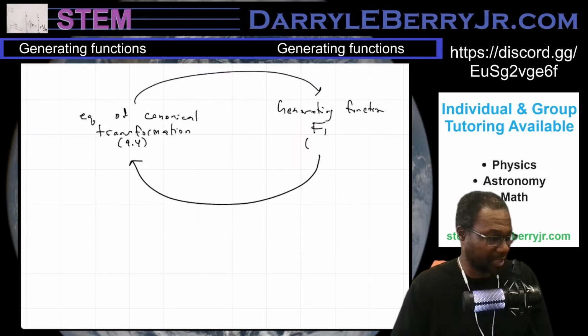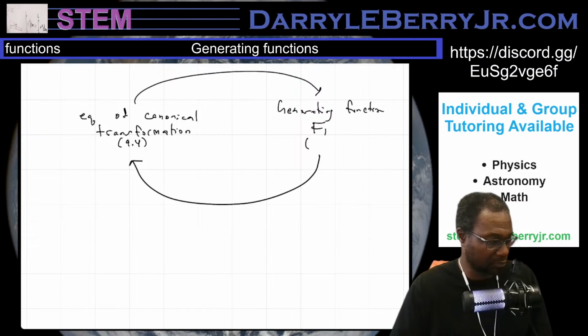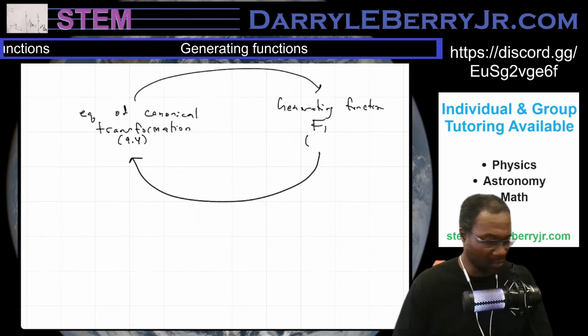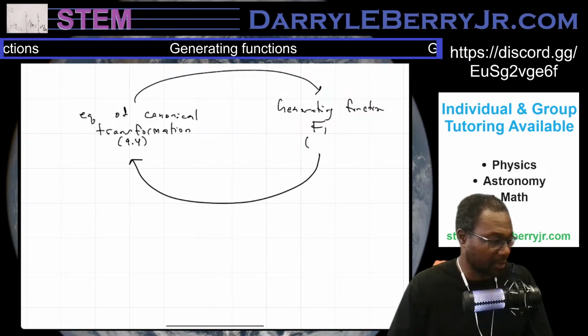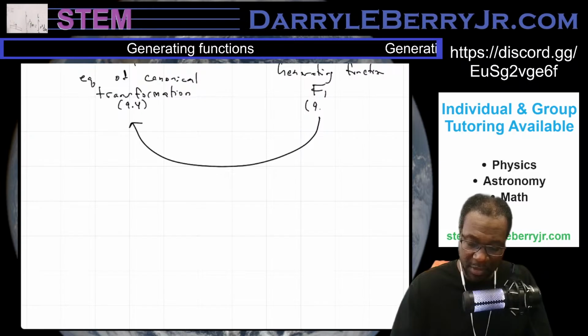And I'm putting that for the generating function canonical transformations. Right. Here we go. So it's saying, given the equation of transformation. All right. So this is how we derive 9.1.